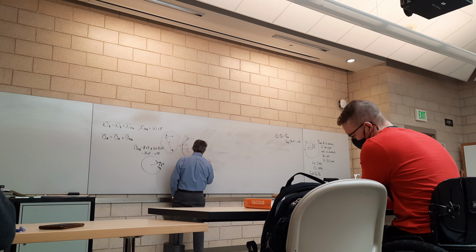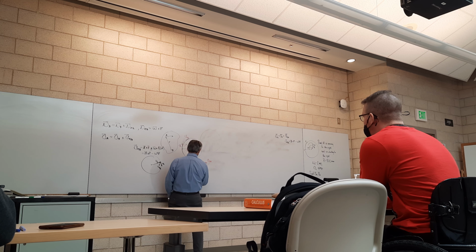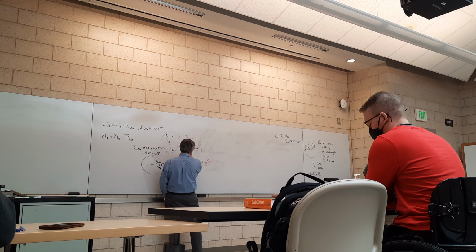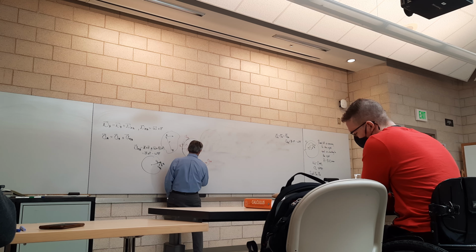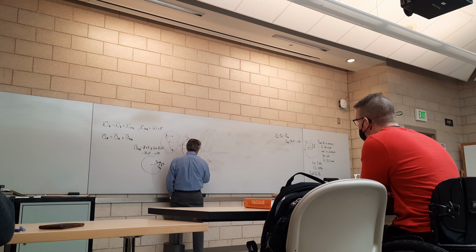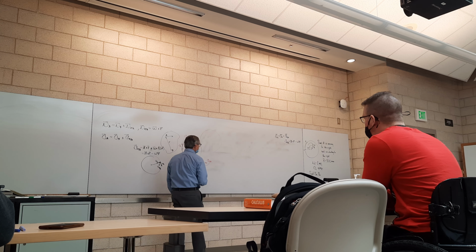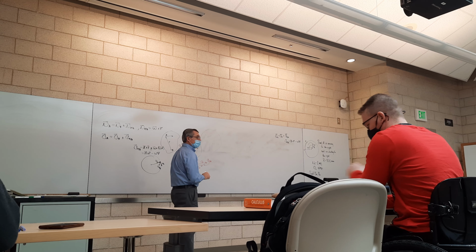So this is the acceleration of C with respect to A, which was the same as this, and this is the acceleration of A. And this is what we're told: the magnitude of this side of our triangle is equal to 14.